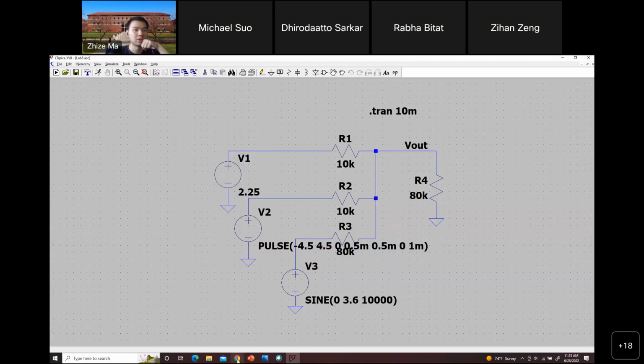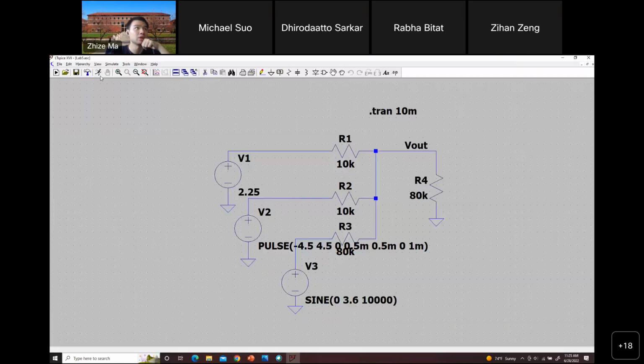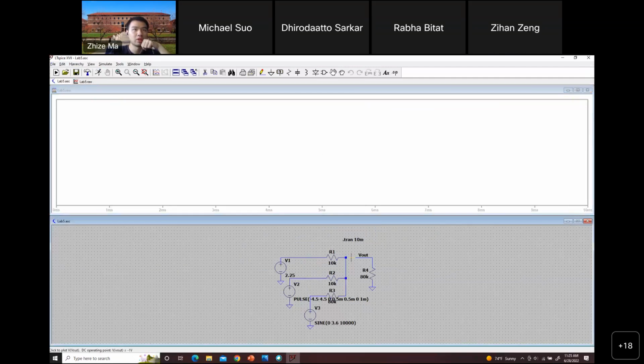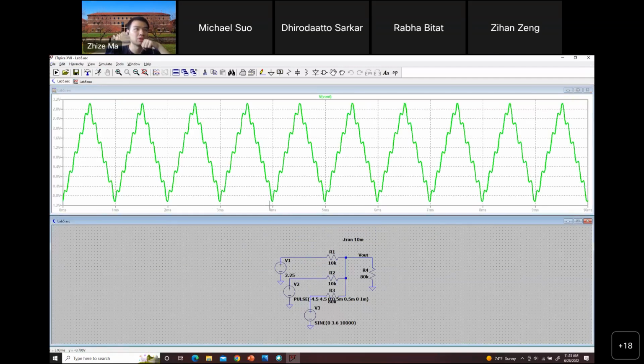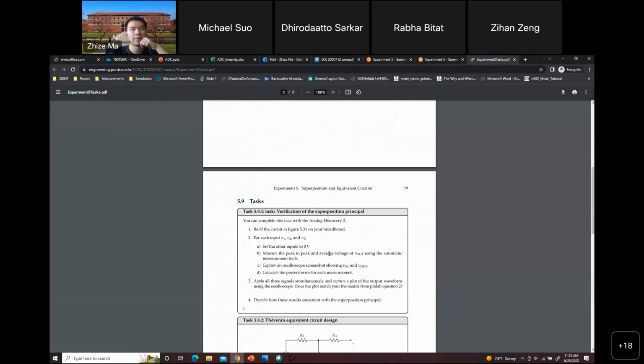Similarly, you should have 4 screenshots: V1, V2, V3 individually, and also the overall one. I can run my schematic right here. At the end, the overall layout should look something like this. That's what you should get from the pre-lab, task 1, and also task 4. I recommend you do this one first, so you can verify whether you did task 1 correctly.